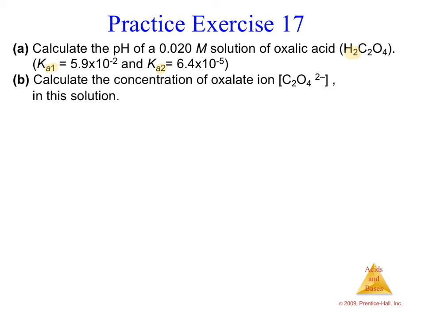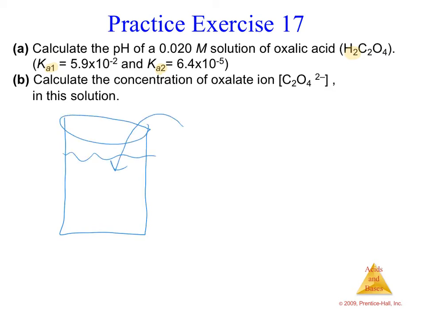So let's think about what is in a beaker of oxalic acid. If I had a container, in this container we know we have 0.020 molar H2C2O4 aqueous. I know it's aqueous because I'm given a molarity of it, therefore it's dissolved in water.